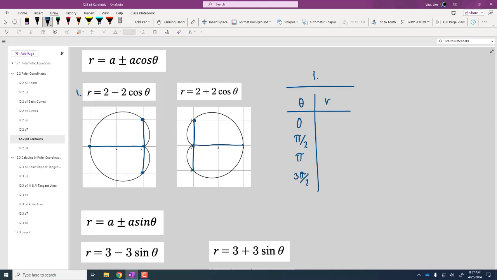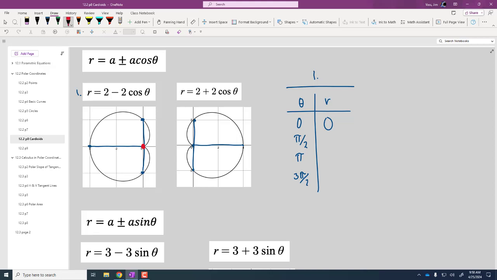So we just need these 4 points. We have 2 axes, and we're looking at the angle theta that brings us to each axis. So all we do is plug those 4 numbers in, and we'll find our 4 intercepts. Plug in 0 here. Cosine of 0 is 1. 2 minus 2 is 0. So there is our first point right there, 0, 0.